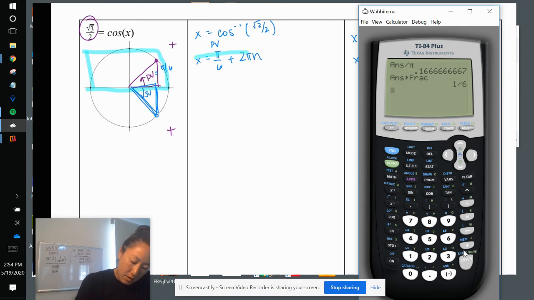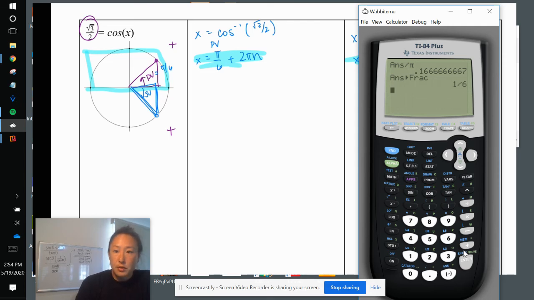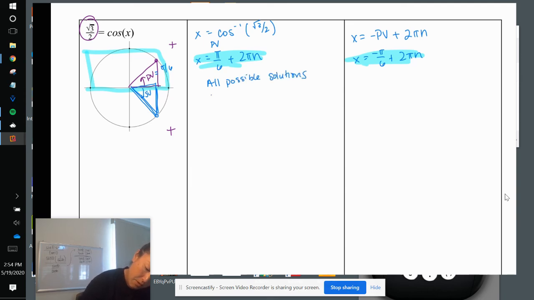All possible solutions from quadrant 1, all possible solutions from quadrant 4.